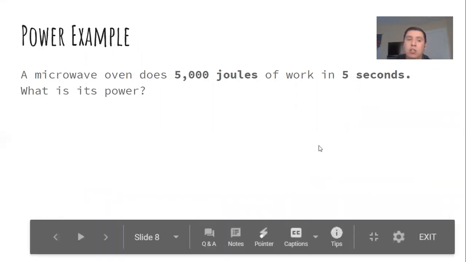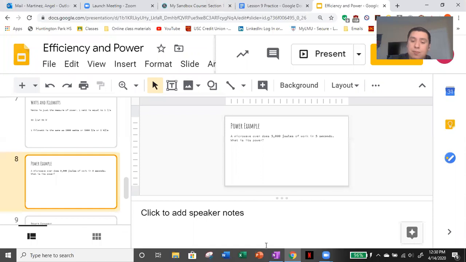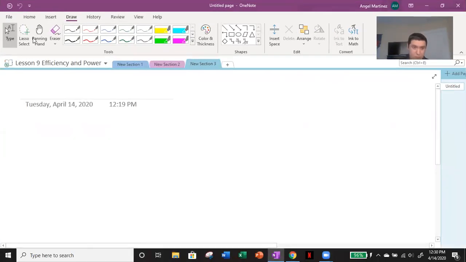All right. So let's just do a simple example. Let's say a microwave oven does 5,000 joules of work in 5 seconds. What is its power? Okay, so let's do this. Power, which we have as a P, equals W divided by T. W is the work, T is the time.